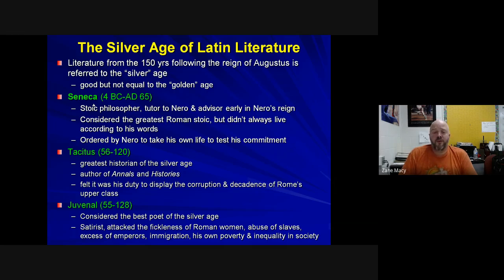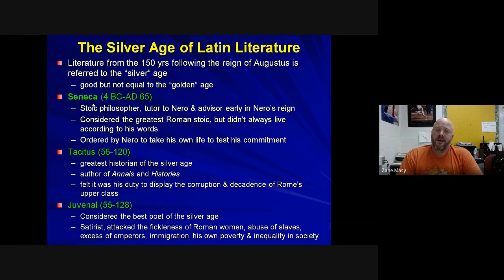held in high value. Tacitus wanted to point out the faults in Roman society, display the corruption that was very apparent in imperial politics, in the Roman government, and also the decadence of Rome's upper class. Now, that's something that Augustus would have also agreed with, because that fell in line with the moral legislation he was trying to enforce.